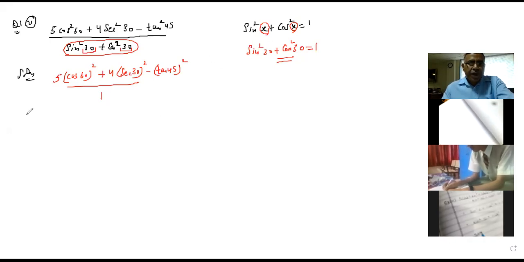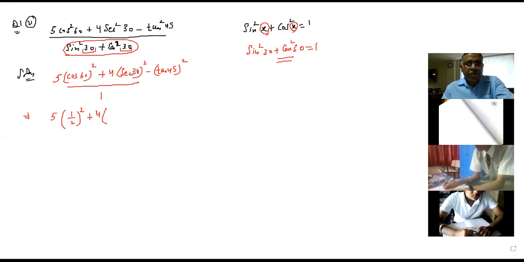So which implies 5, from the table you can see the value of cos 60, this is 1 by 2 whole square, plus 4. Now secant 30 means reciprocal of cos 30. Cos 30 is under root 3 by 2, so this is 2 over under root 3, minus tan 45, it is 1.